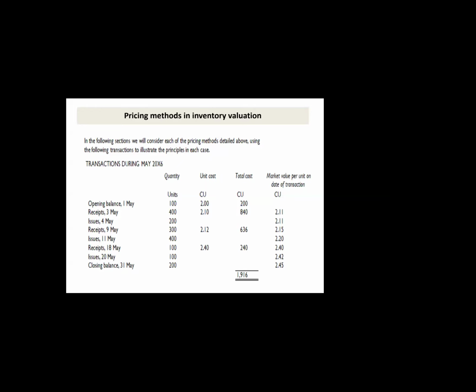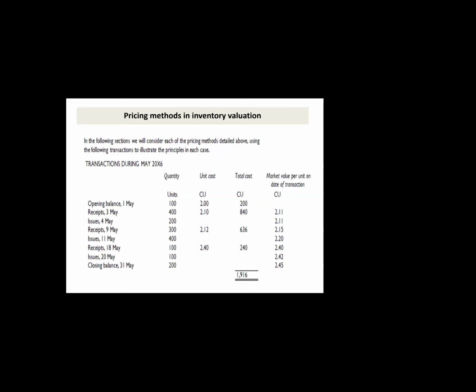And then our closing inventory status would be 100 at the rate of 2.40. How much inventory do we have at the end of 20th May? It is supposed to be 200, but according to my calculation, it's 100. So I've made some mistake somewhere.